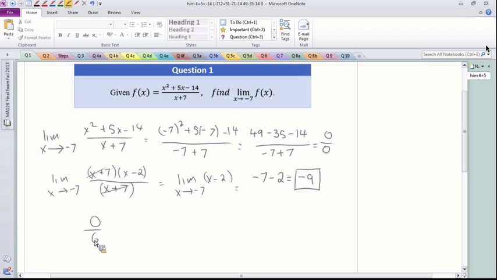If we have something like 6 over 0, then the limit would have to go to infinity, positive infinity or negative infinity depending on which. So 0 over 0 is a special case.